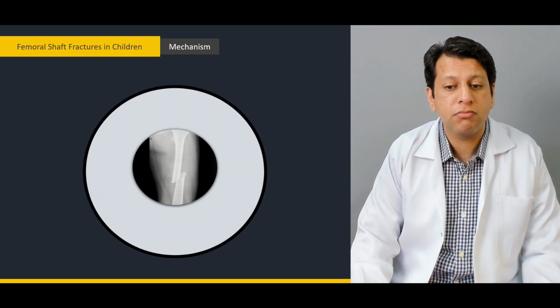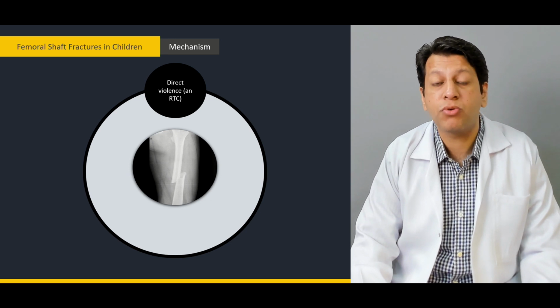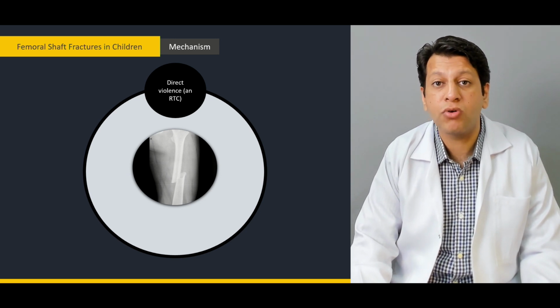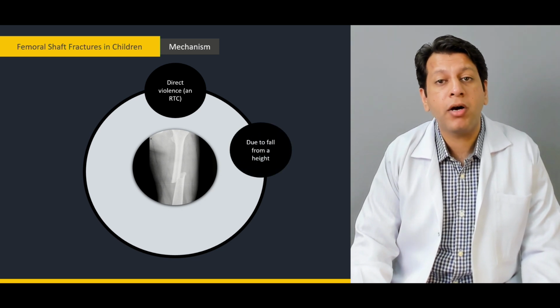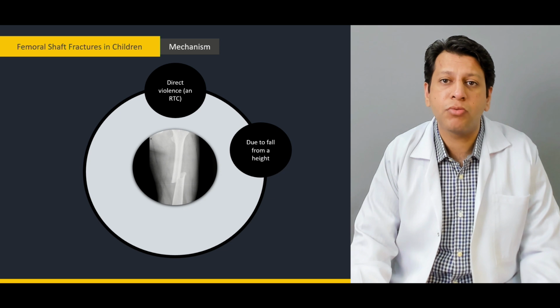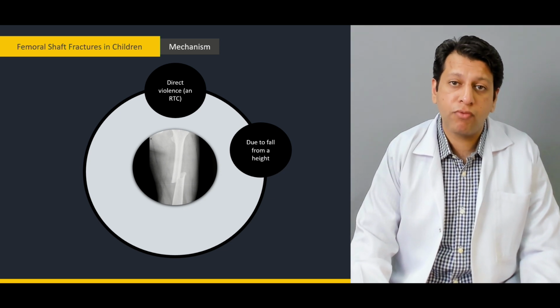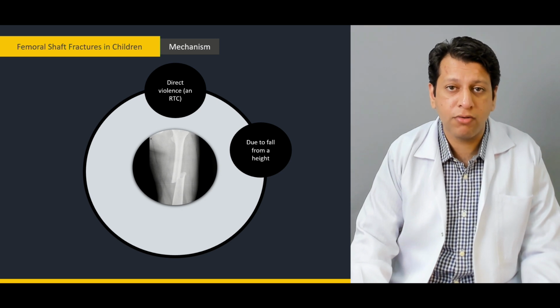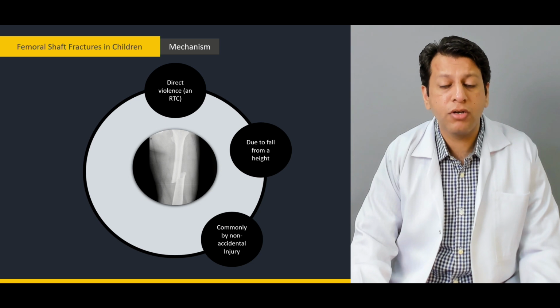Mechanisms could be direct violence, for example a road traffic accident, child abuse, or a fall from a height. Children have a high tendency to play and jump around, and may fall from a considerable height, leading to femoral shaft fracture, or it could commonly be non-accidental injury.